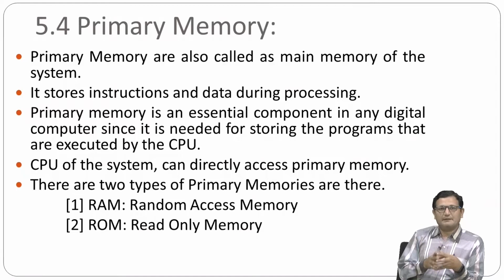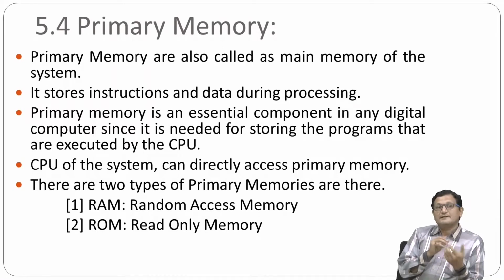If you double click on that file, then that data will be transferred from the hard disk to the main memory or primary memory. Why do we need to do this? Because the speed of the secondary memory is too low and the CPU never interacts with the secondary memory. So, if you want to access that data or program, it has to be copied from the secondary memory to the primary memory.